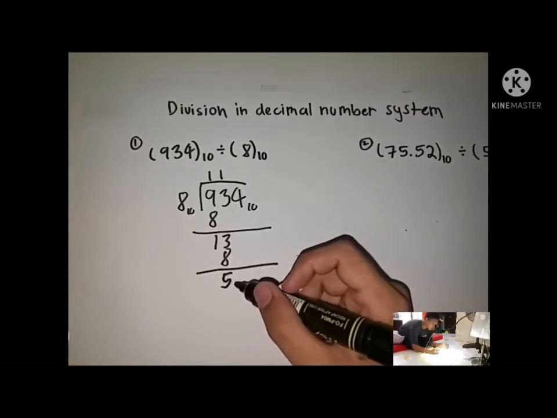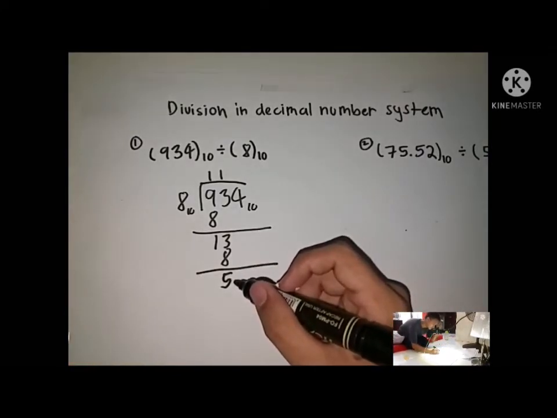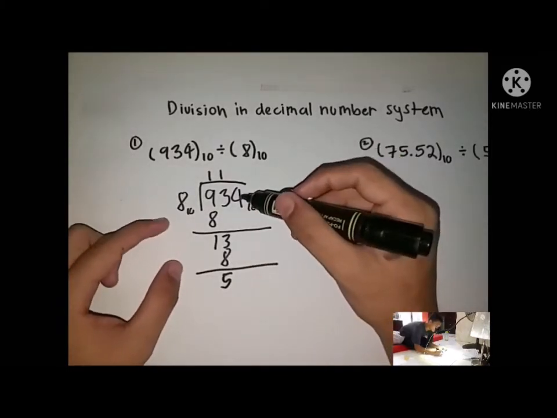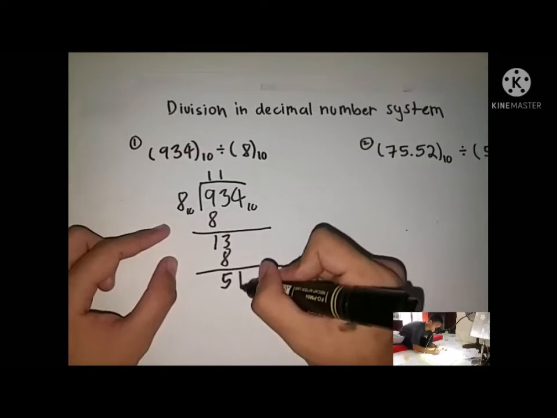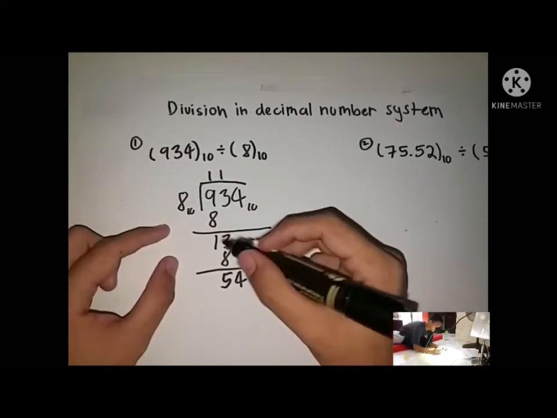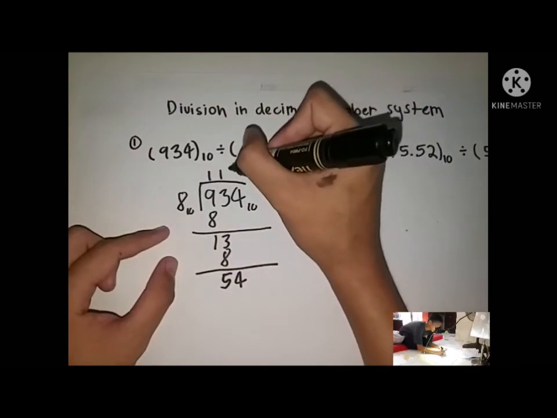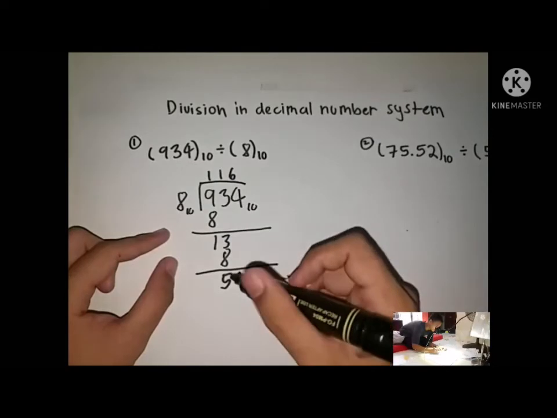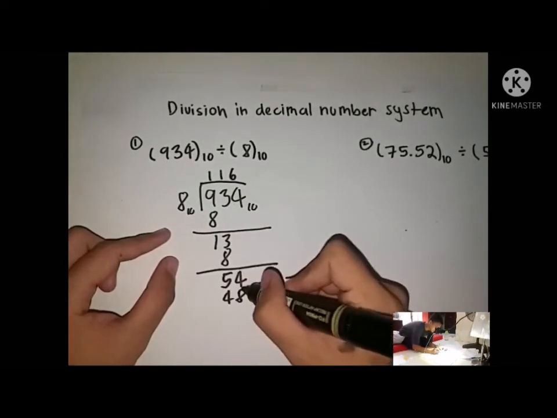So the dividend is greater than the divisor. So we must bring down also the 4 here. So it gives us a 54 divided by 8. It gives us 6. So 6 times 8, it gives us a 48.